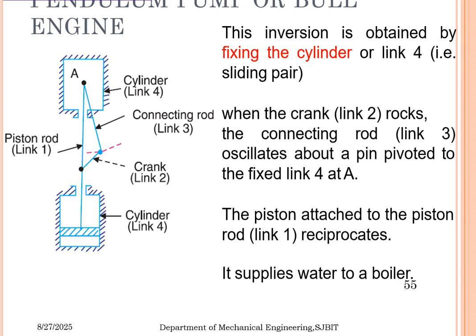Now when the crank or link 2 rocks, the connecting cylinder oscillates about a pin pivoted to the fixed link 4 at A. The piston attached to the piston rod reciprocates. It supplies water to the boiler, and it keeps making the piston rod reciprocate inside the cylinder.